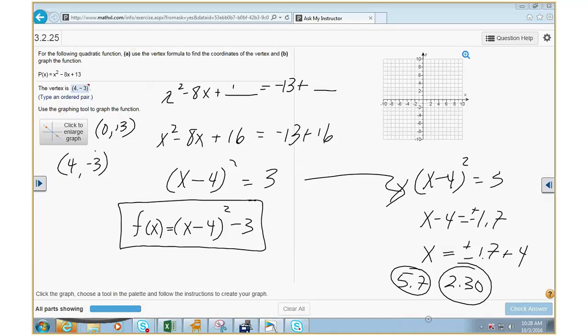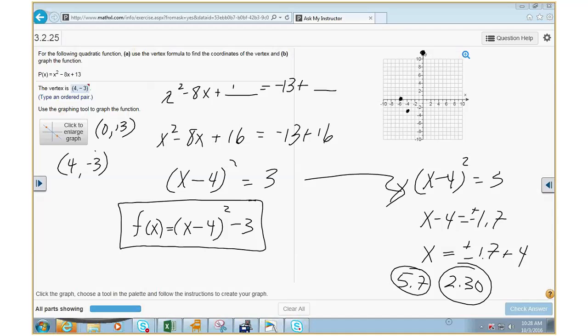So that means you got 5.7, which is right in here, and 0, 13 is going to be up here. My vertex is what? 4, negative 3.